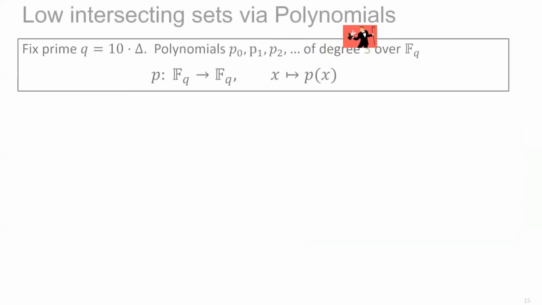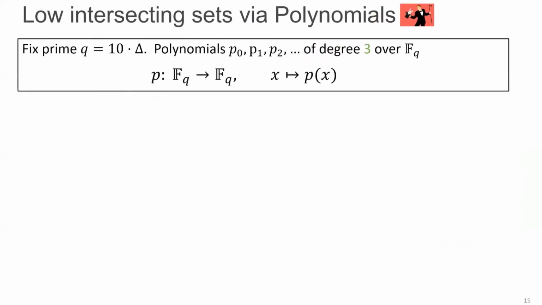And this picking of such candidate sets was solved by Linial by the use of polynomials. So what you do is you fix a prime, and for the sake of this talk, let's assume 10 times delta is prime. And then you consider all polynomials of degree 3 over the finite field F_q.